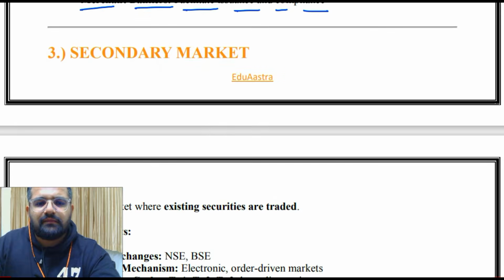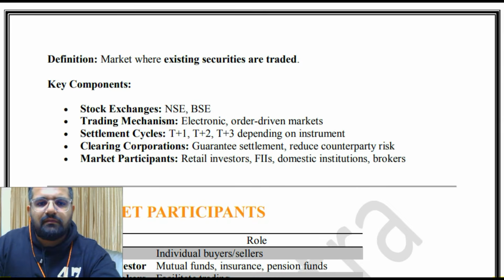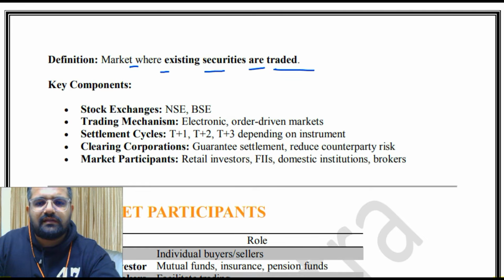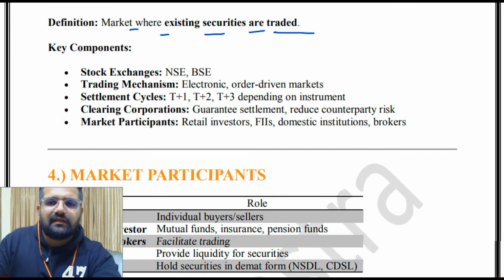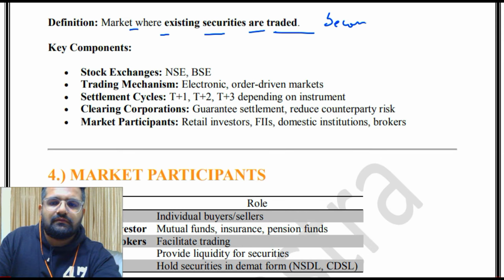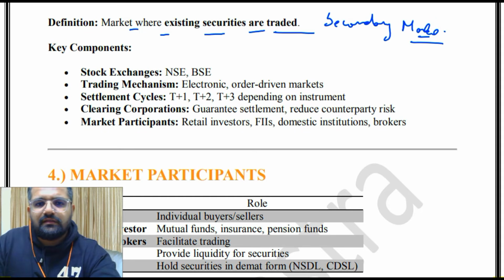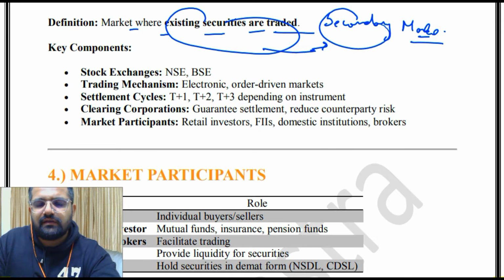Then secondary market definition, market where existing securities are traded, that's why it is known as secondary market. Okay, secondary market, why? Because it is a market where existing securities are traded, the securities which are already existing, those securities are traded, that's why secondary market.